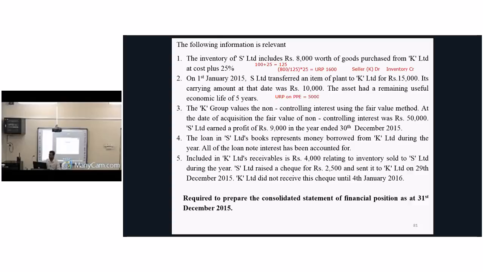Double entry, how to account for this amount? Who is the seller? The subsidiary sold it to the parent. Therefore, S Limited retained earnings debit 5,000 and credit to group PPE 5,000. So I will pass the double entry.